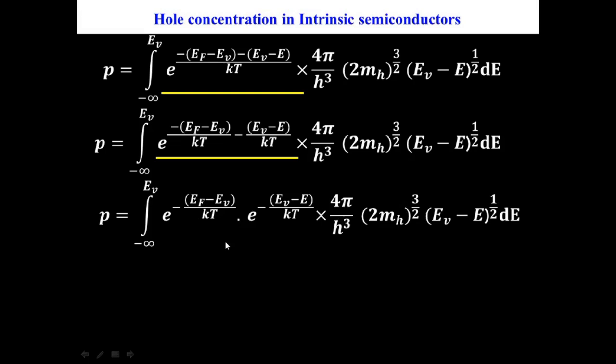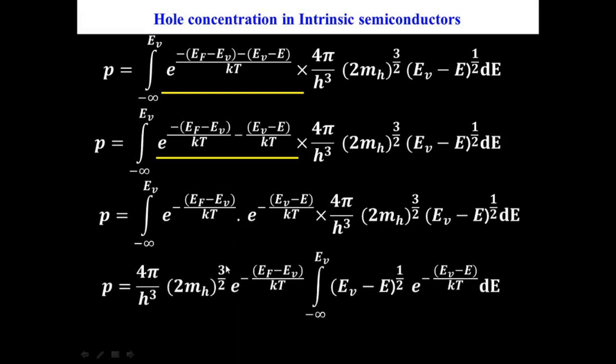So after taking those terms outside the integral, inside the integral these two terms will remain: the integral from minus infinity to EV of (EV minus E)^(1/2) into e to the power minus (EV minus E) by kT into dE.